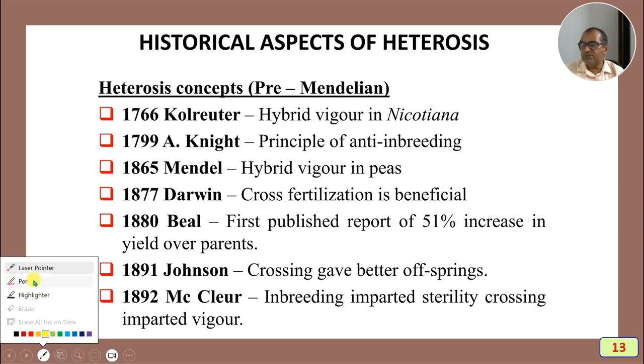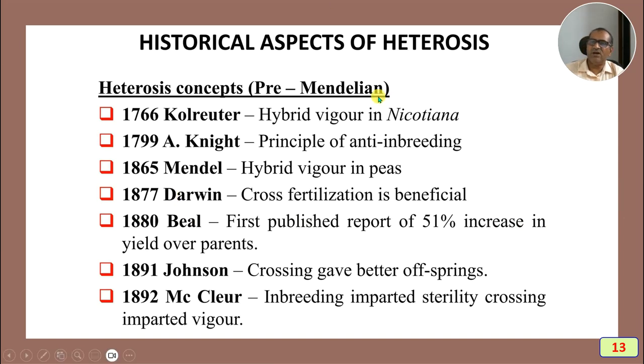Here are the historical aspects of heterosis, written from 1766. This started with pre-Mendelian observations, and it happened in such a way that heterosis made a very strong basis for crossbreeding. In 1799, principles of anti-inbreeding were also there.